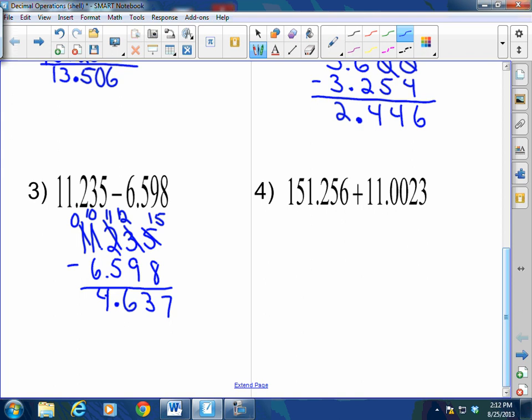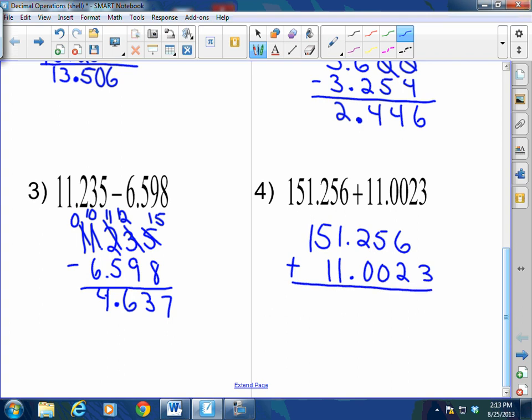And then last but not least, we got 151.256 plus 11 and 23. Actually, you know what? Let me write it out for us. It's going to be a lot neater. So 151 and 256 thousandths plus 11 and 23 ten thousandths.